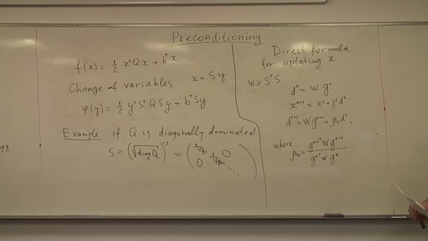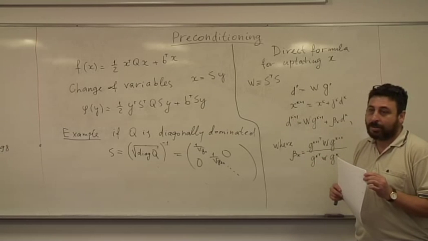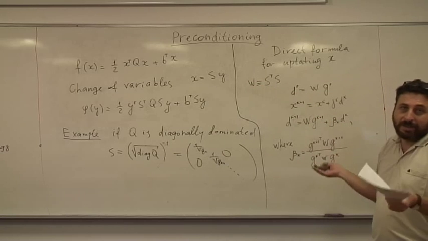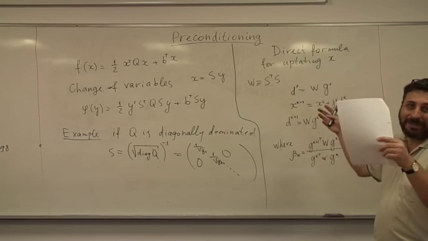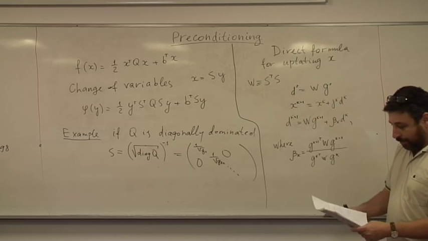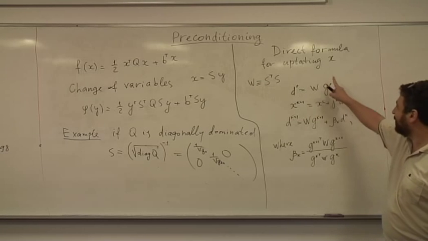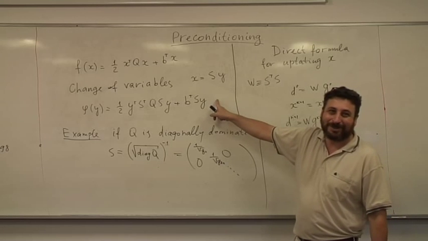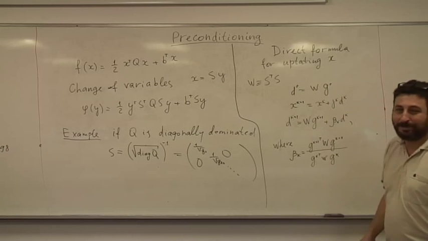Because if somebody computes an approximation of the inverse of Q, he has a symmetric matrix. He doesn't like to find its interpretation as a product of two other matrices. I suggest you verify at home that what is written here corresponds to what was told here, that this is the method for minimization in Y when we do such a substitution.